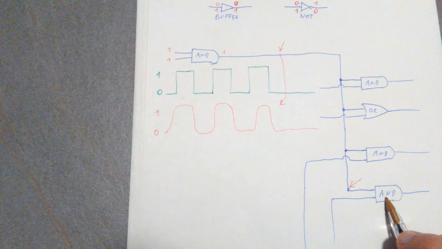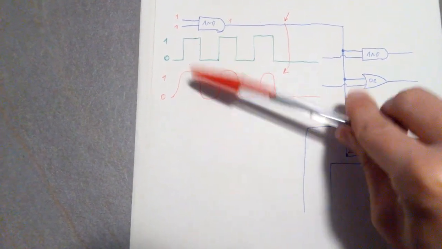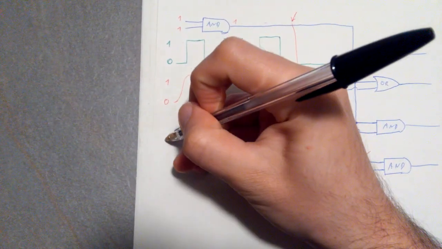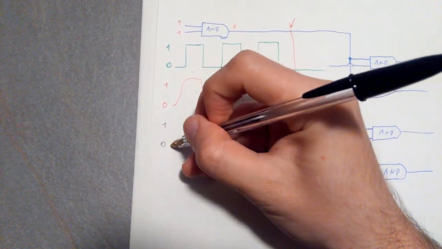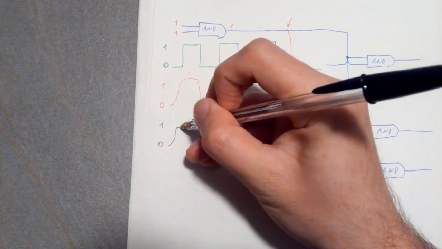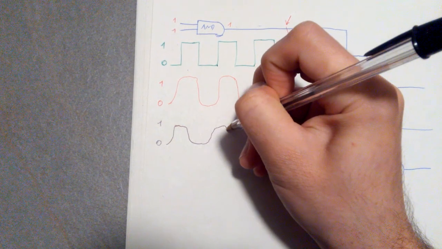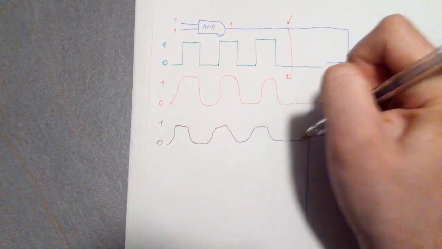So what this AND gate is actually saying is definitely not this, but it's not even this. It's more like something like this, 0 and 1. So it goes up, but just a bit, then it goes down, just up, it goes down, just up, and then it goes down.